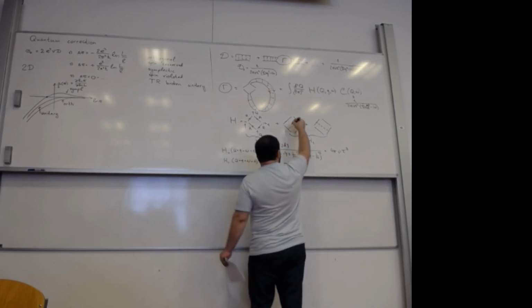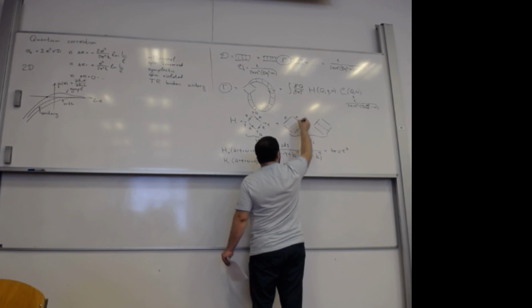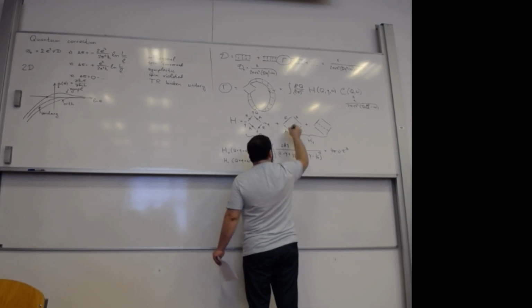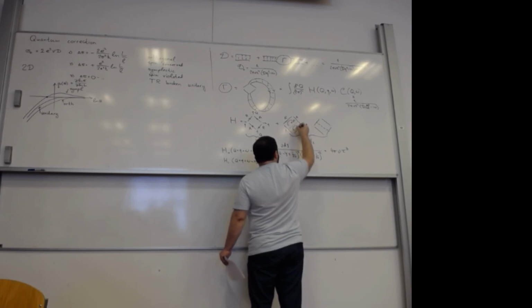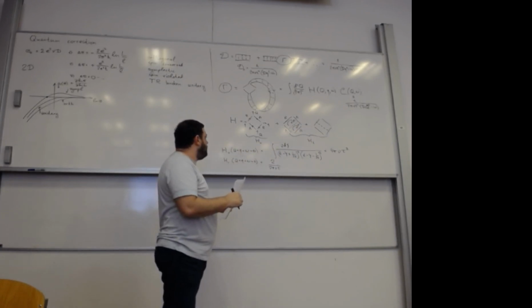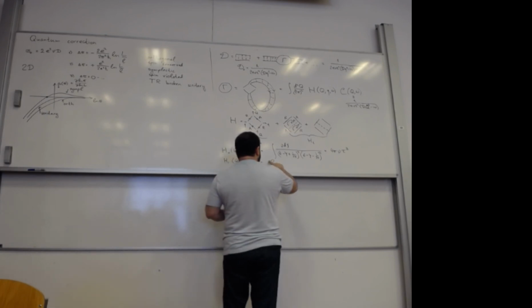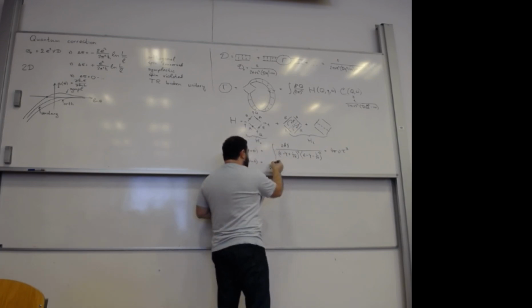And then there are two integrals: retarded, advanced, retarded, advanced. So we have one momentum inside this loop, so it's P, and another momentum inside this loop, so it's P prime. So overall, it's just one.